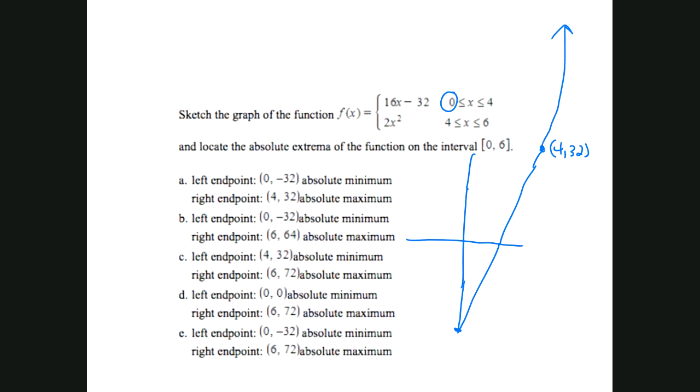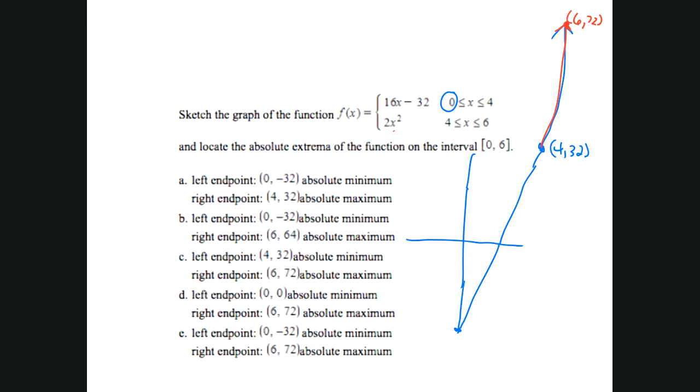So I've got two graphs that touch each other, and this is the second graph. It goes all the way up to 6. If I put 6 in here, 6 squared is 36 times 2, so this point here would be 72, I believe.